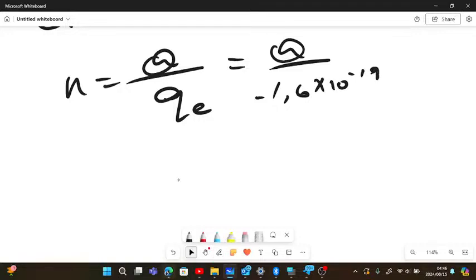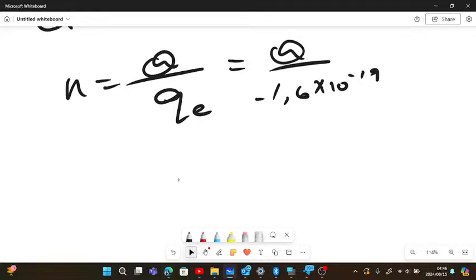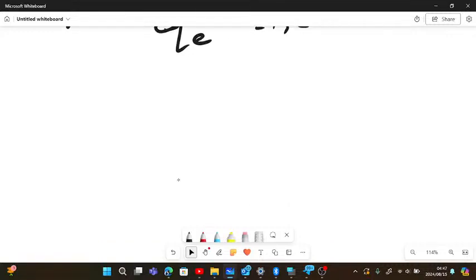So if I'm going to use maybe the previous example, for instance, and they're saying calculate the number of electrons transferred or removed from the charge. I already have the final charge, and I need to use the first metal sphere. So I'm going to have to calculate the change in charge.